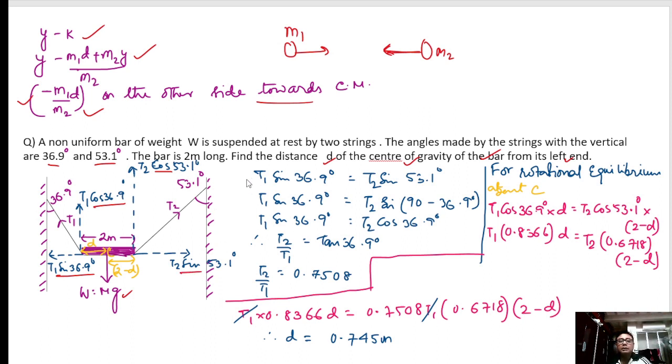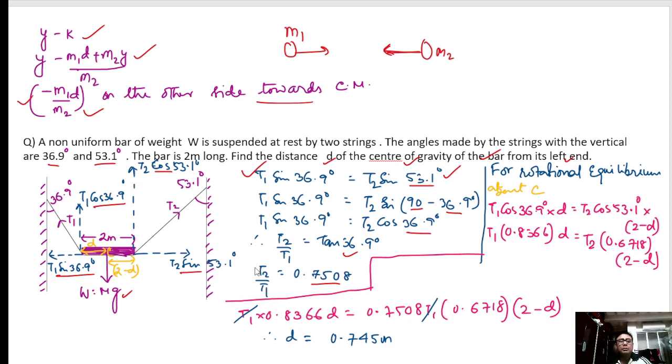And we know the vertical components will cancel each other. So sin 53.1 degree can be written as sin (90 minus 36.9) degree, which is cos of this. So T2 by T1 will be tan 36.9 degree. So T2 by T1 is coming this.